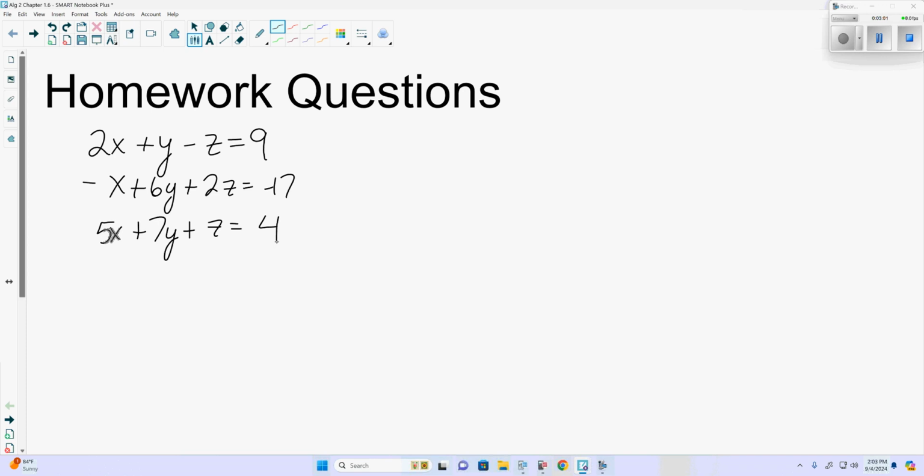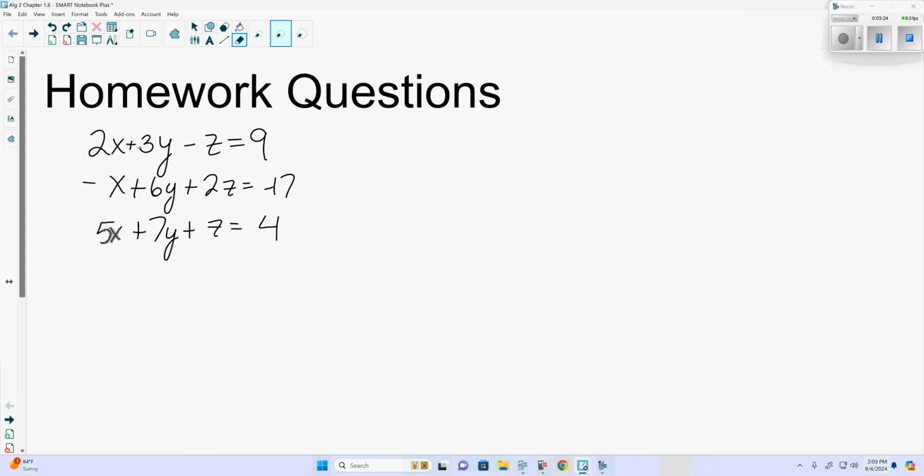So here, the middle one, 1's in front of x, yes? I can easily turn that x into 2x or 5x to get them to be the same so they eliminate out. Now, I'm going to change this for a second. Let's say it was plus 3y instead of just y.